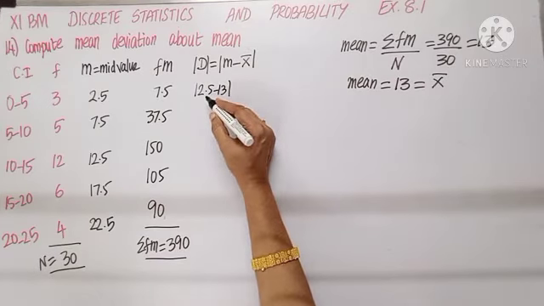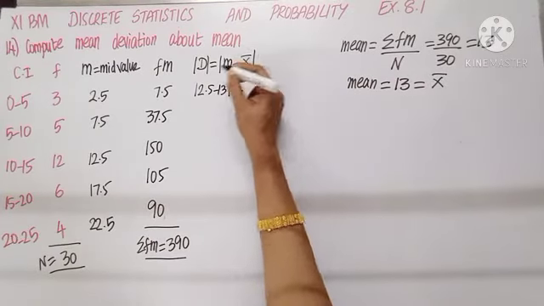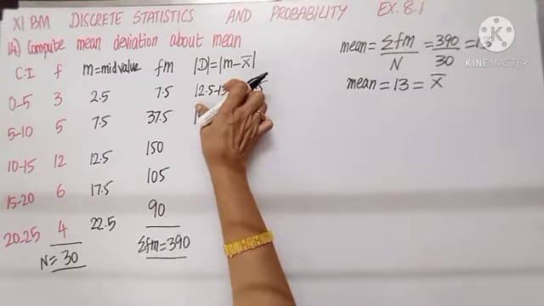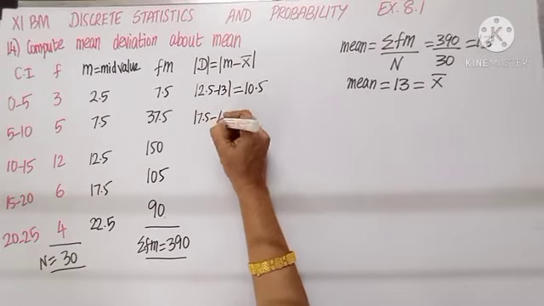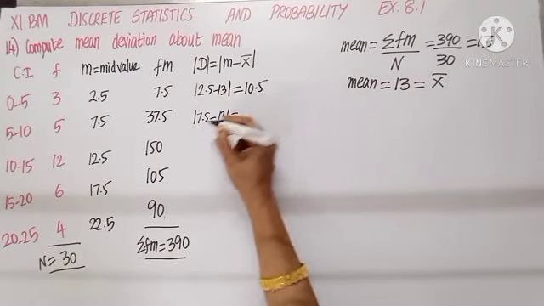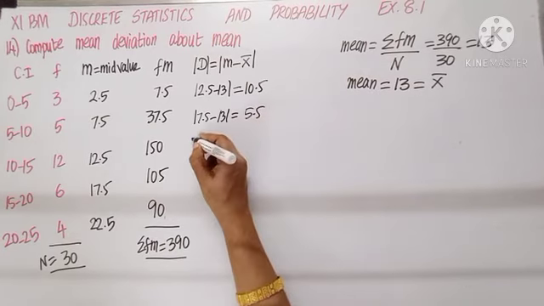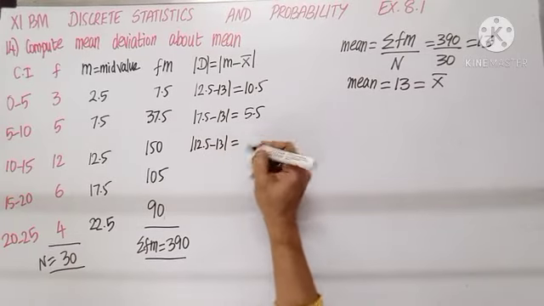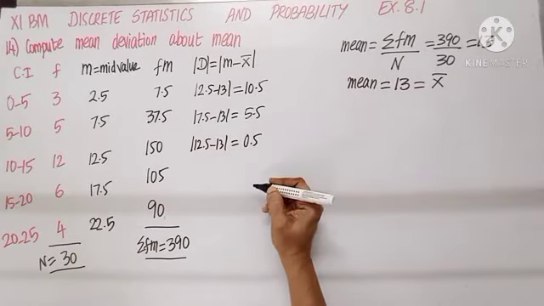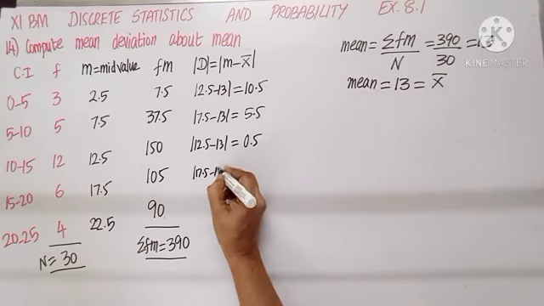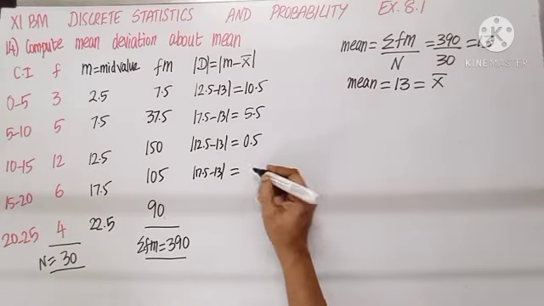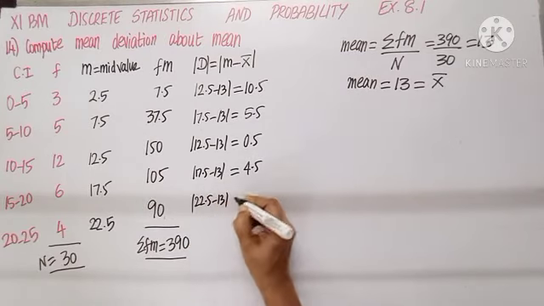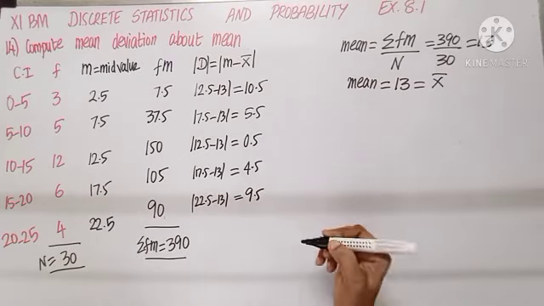My answer is minus 10.5, but modulus tells me plus 10.5. 7.5 minus 13. I get minus 5.5, modulus is 5.5. 12.5 minus 13. Minus 0.5, modulus tells me 0.5. 17.5 minus 13. It is 4.5. 22.5 minus 13. It is 9.5.